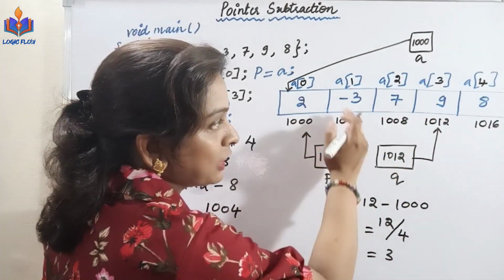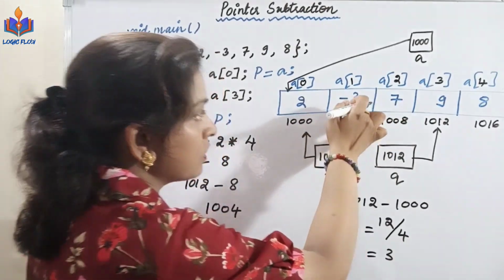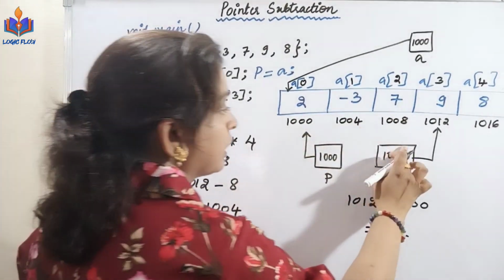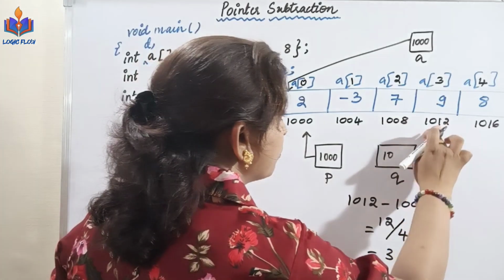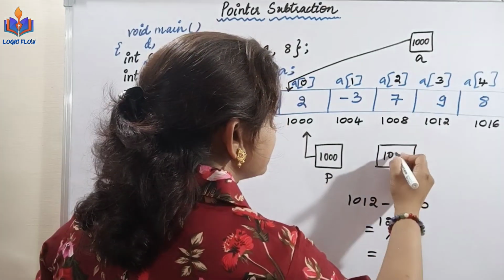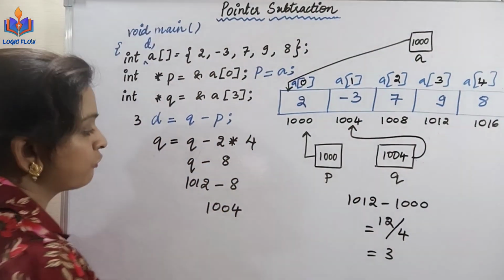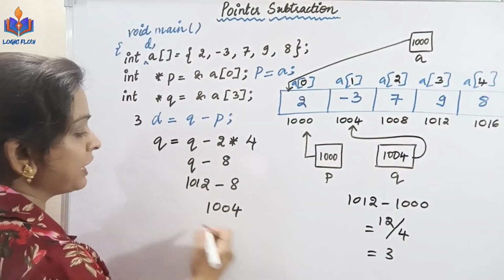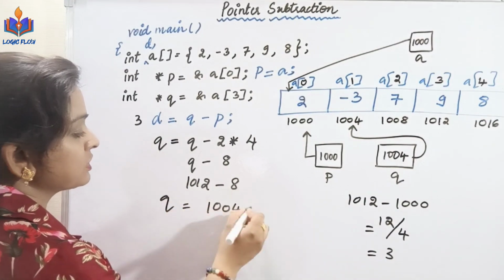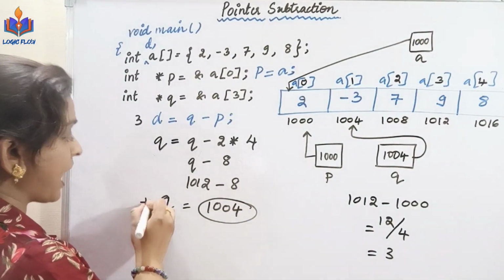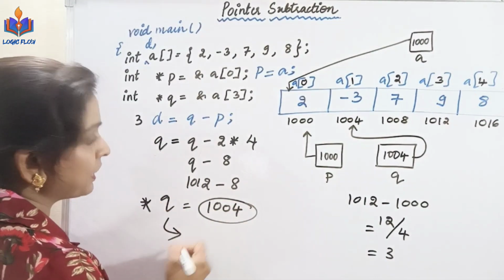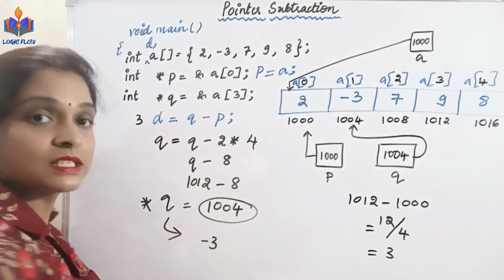Move backward by 2 elements, 1, 2. So it is pointing to the location 1004. So what will be the new value for Q? It is 1004. Now Q is pointing to 1004. If I print Q, it is 1004, and if I print asterisk Q, it is going to print minus 3.